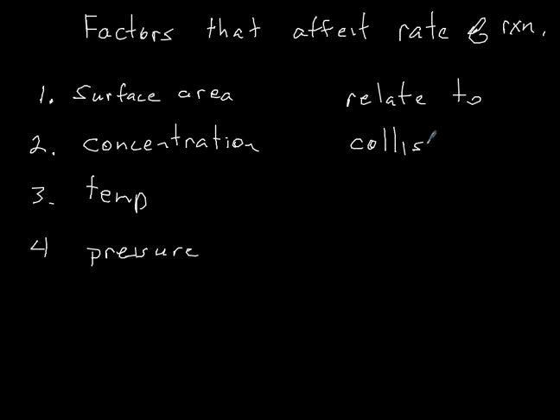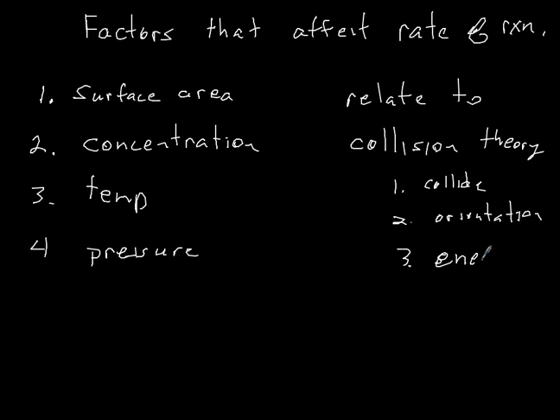So what about collision theory is going to influence these? Remember, collision theory is those postulates that say first they've got to collide, then they've got to collide with the proper orientation, and then they've got to collide with sufficient energy to react.